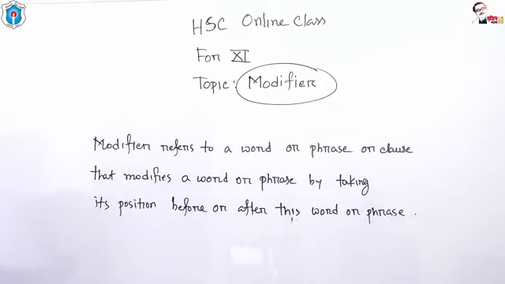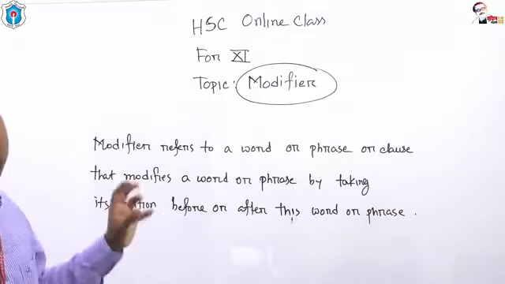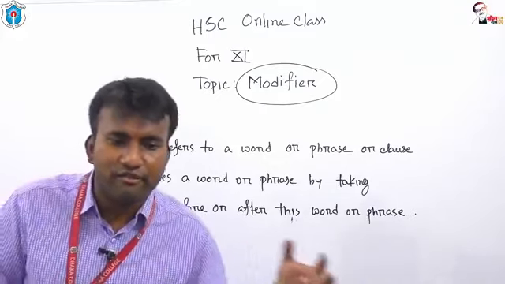Modifier refers to a word or phrase or clause that modifies the word or phrase by taking its position before or after this word or phrase. This is the definition, and we have to learn a lot from this definition.